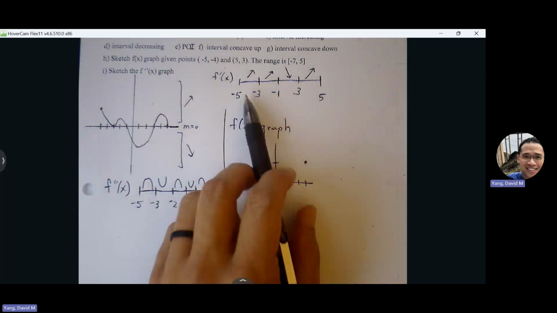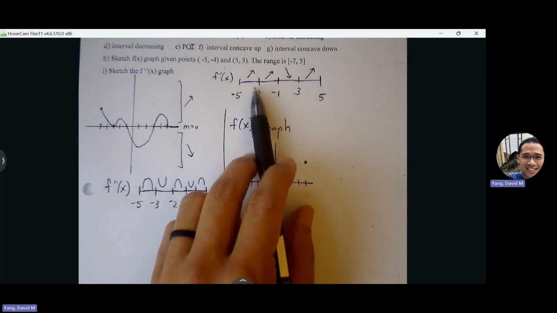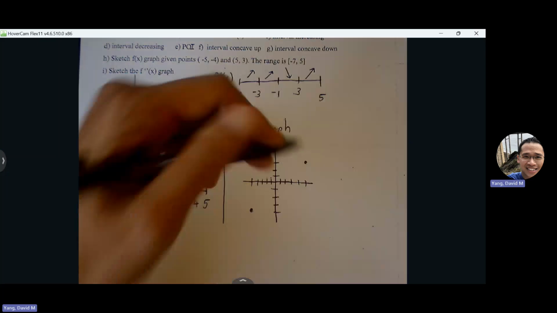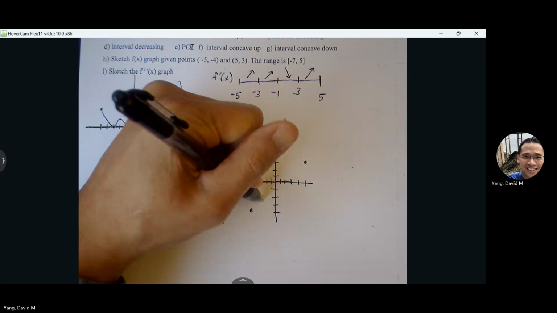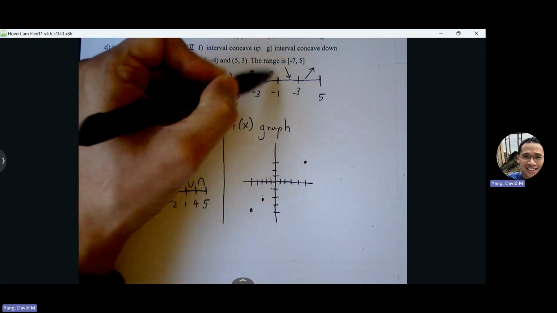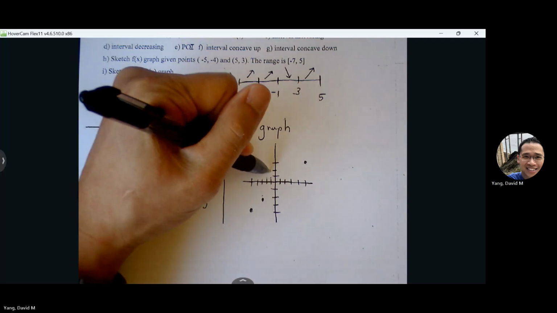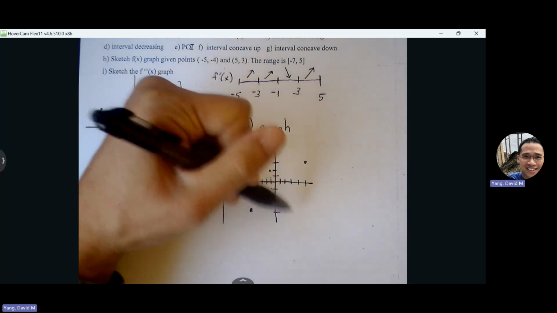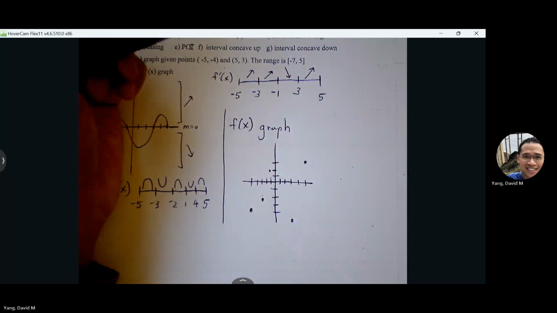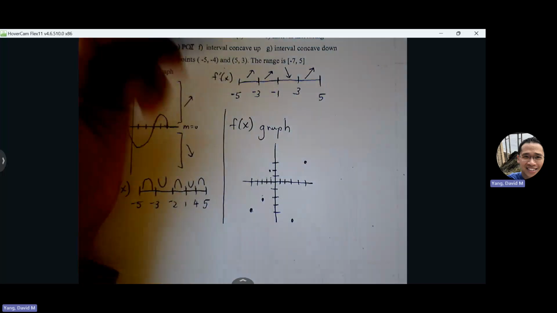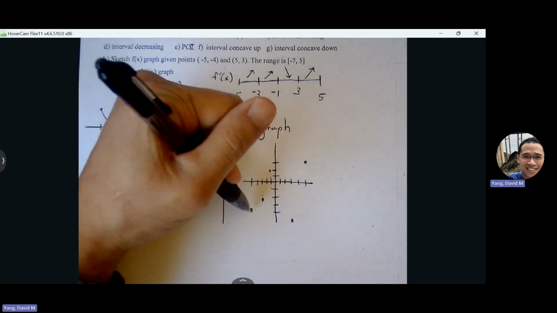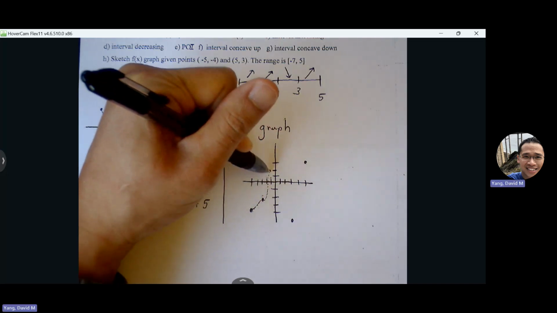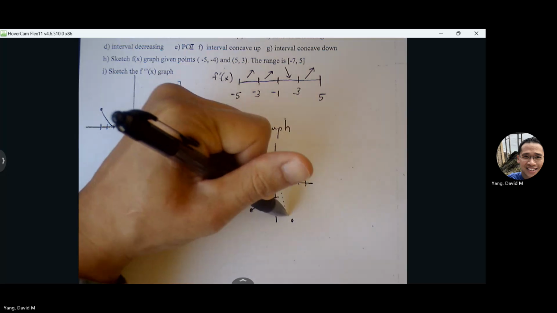Okay, so I want my graph to rise until it hits some value at -3, where the graph is going to flatten out for a moment, but it's going to continue rising until it hits a relative max at -1. And it's going to go all the way down to some minimum at 3. And it's going to go up to this final point. So rise, rise, fall, and rise again.